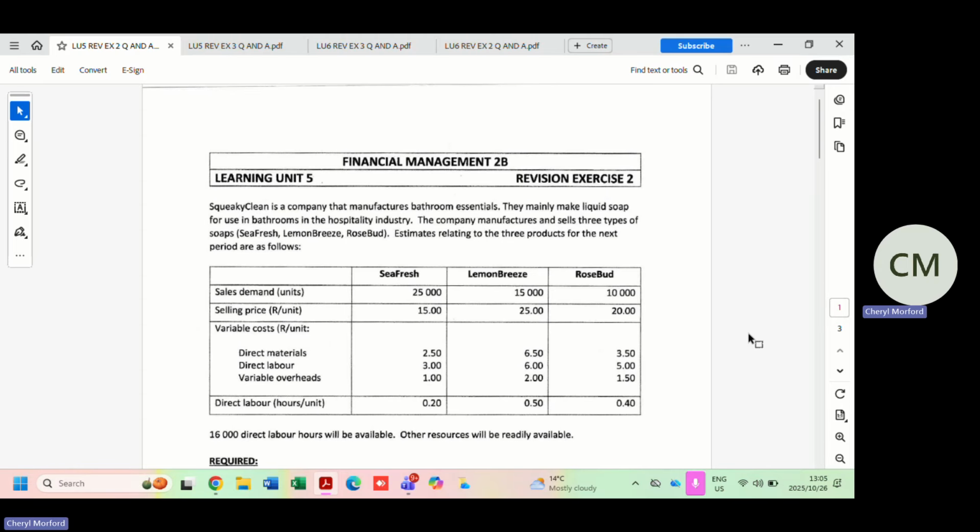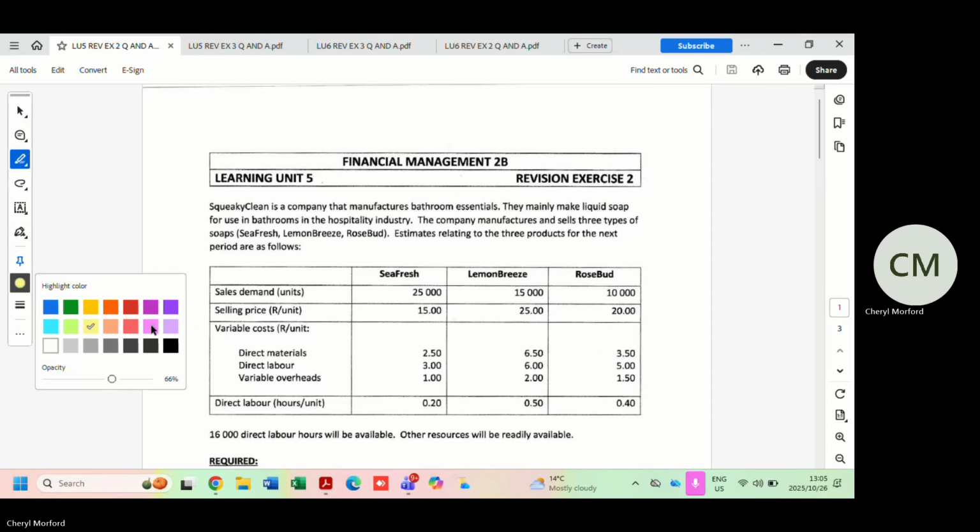Right, so let's look at the question first of all and highlight the main things. It's a business that makes soaps, etc., for the hotel industry. They have 3 different types of soap. Here they are.